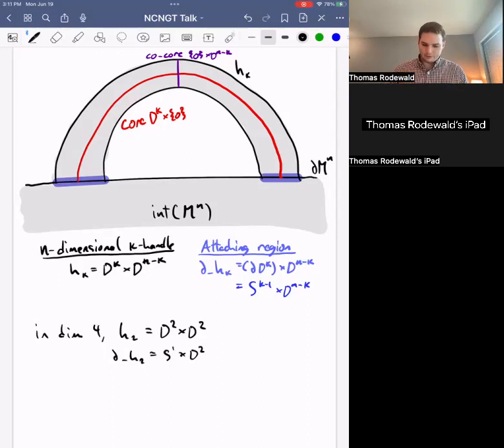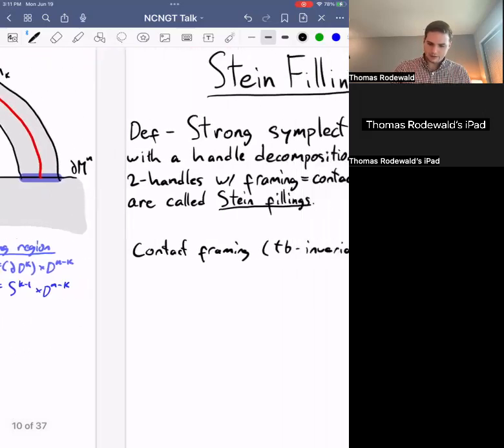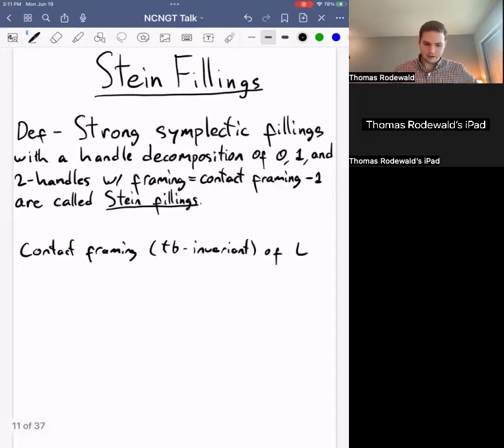And so a strong symplectic filling with a handle decomposition of 0-, 1-, and 2-handles, with framing equal to the contact framing minus 1, is a Stein filling.